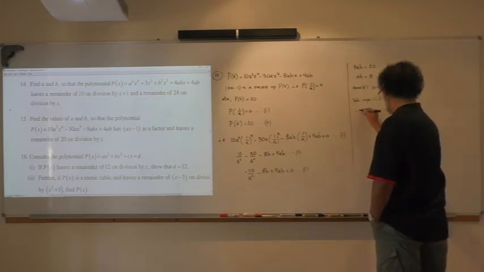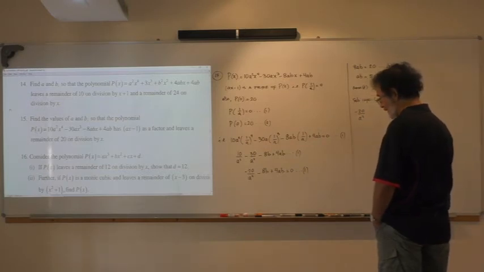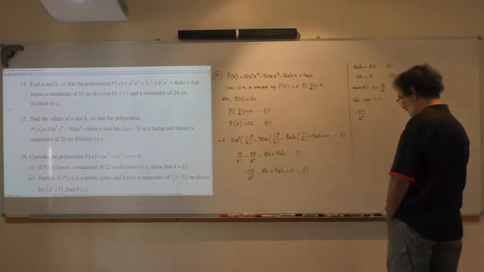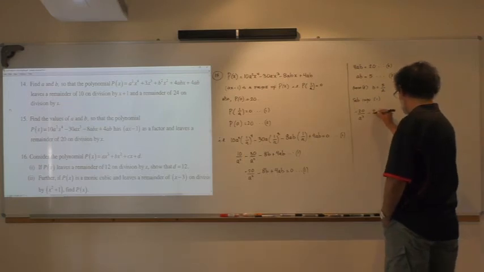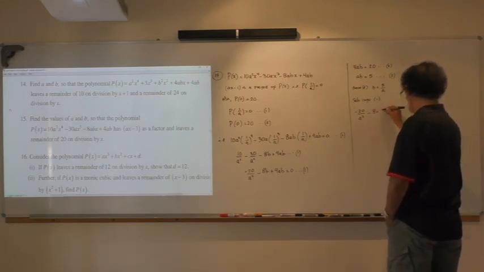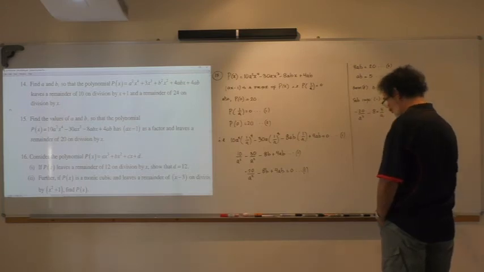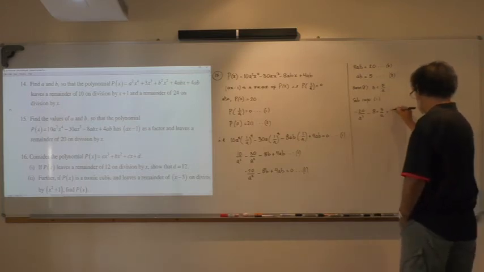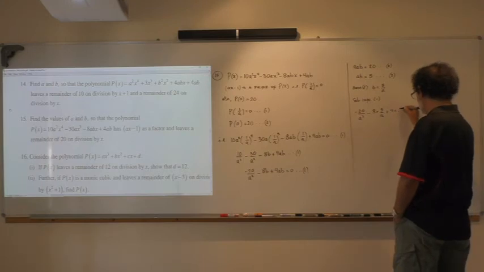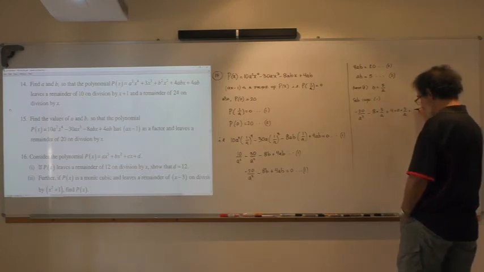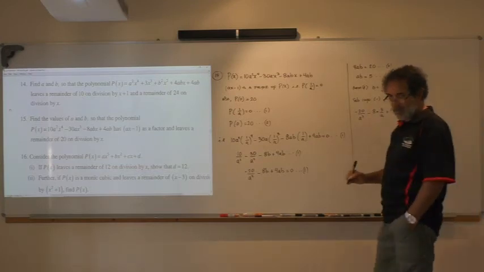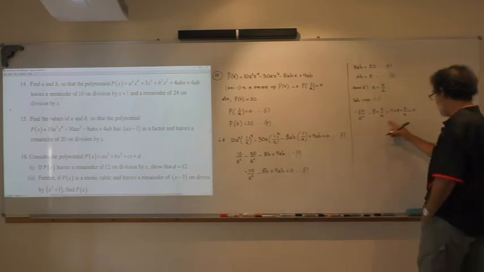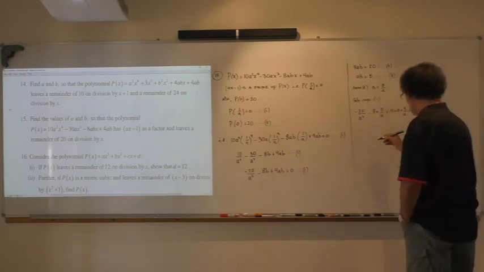So then we're going to have minus 20 over a square, minus 8 multiplied by b, which is 5 over a, and then plus 4 times a, times b. That is equal to 0.